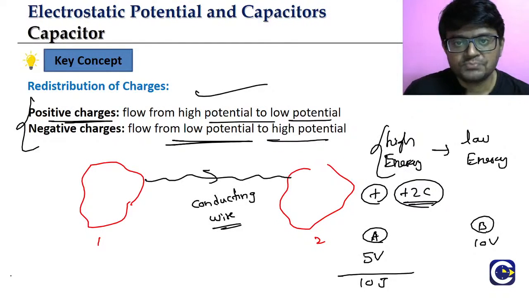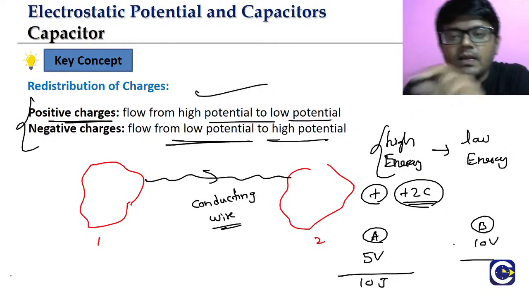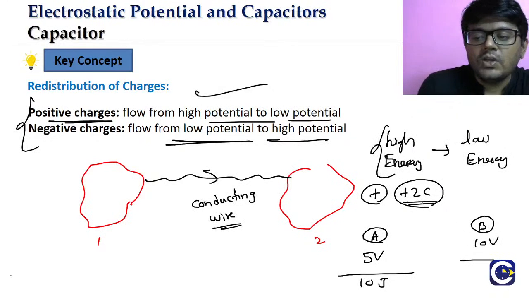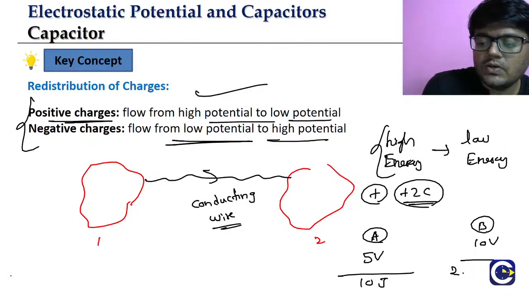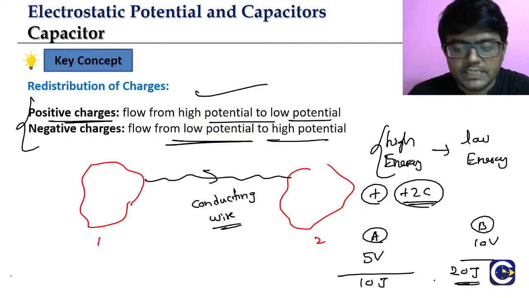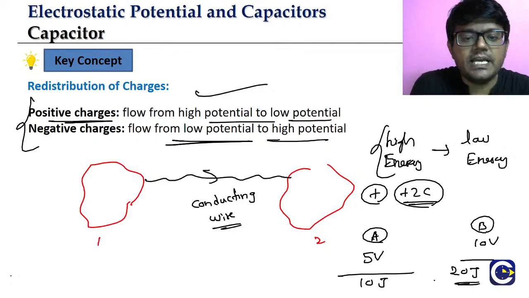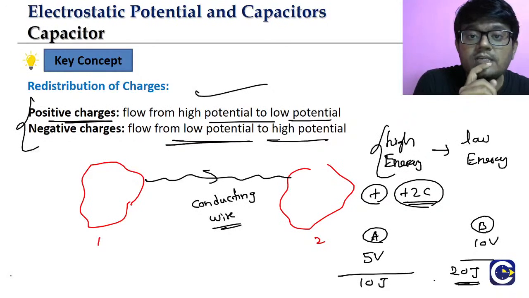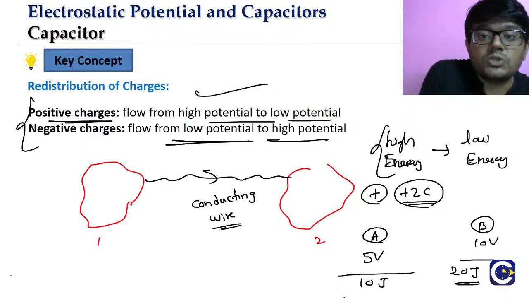Similarly at location B, 2 into 10 is 20. So we take a positive charge, which means at location A what is the energy of that positive charge? 10 joules. At location B, what is the energy of the positive charge? 20 joules. So you tell me, how is that positive charge going to move?